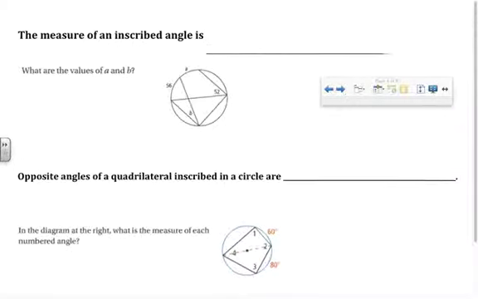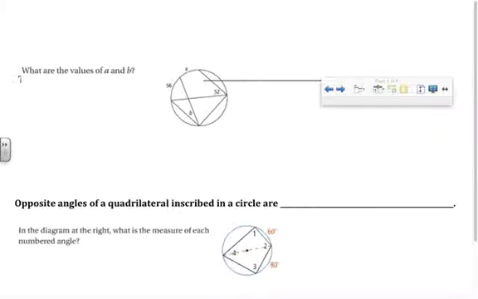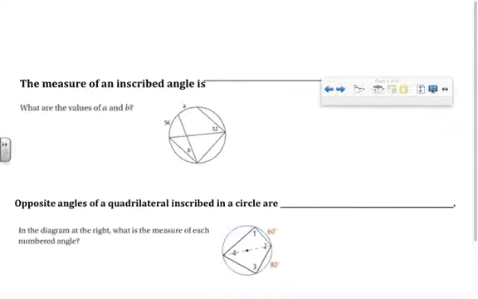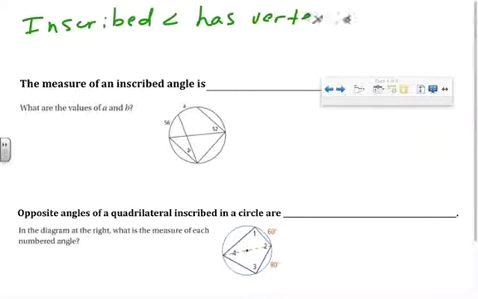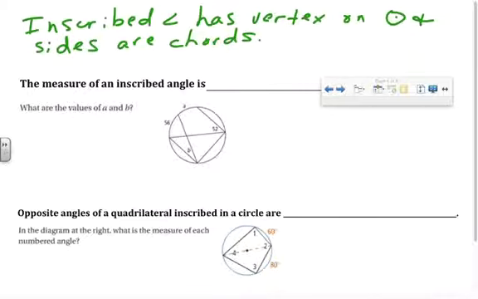Okay, so let me make some more space up here. An inscribed angle has vertex on the circle and the sides are chords.